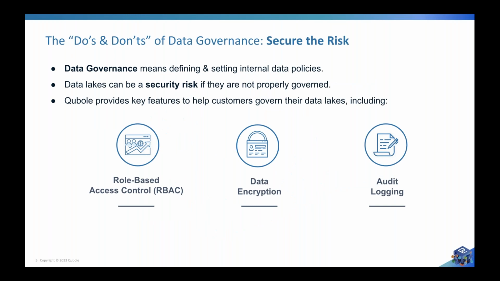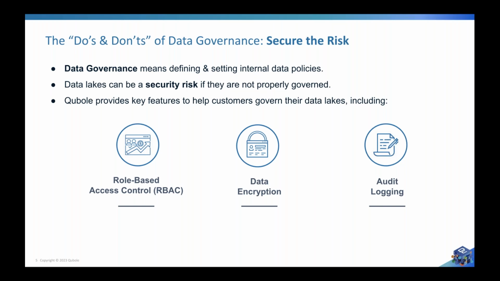Now, since we started the topic saying what are the do's and don'ts of data governance, one of the first things is how do you secure the risk? Data governance is all about making sure you set the right data policies so that the data is accessible only by the intended user. It doesn't fall into the hands of users who are not supposed to see that data.